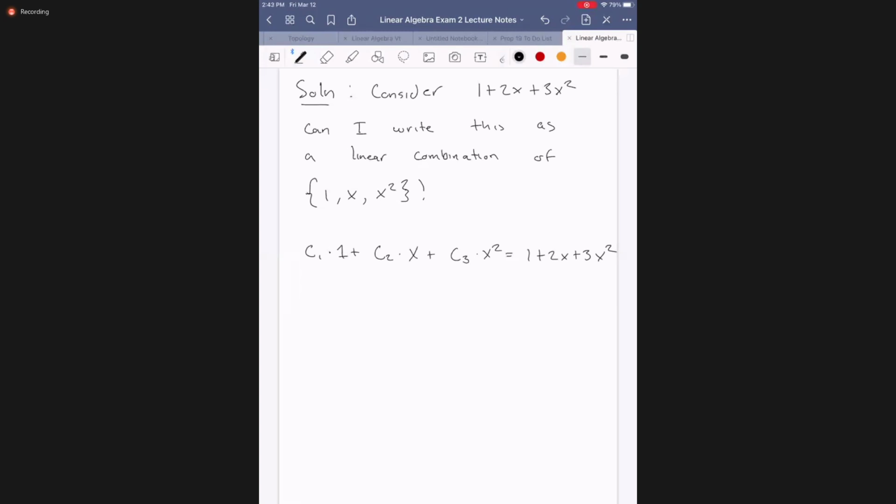It's pretty straightforward. What would C1 be? Yeah, 1, and then 2, and 3. Pick C1 equal 1, C2 equal 2, and C3 equal 3. And I wrote it as a linear combination, right?